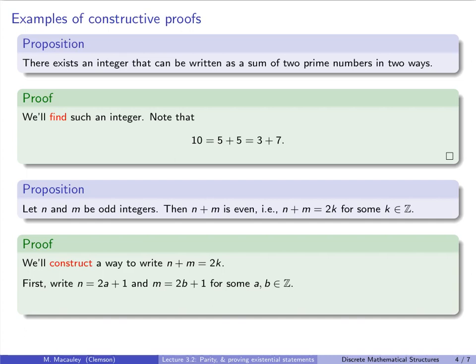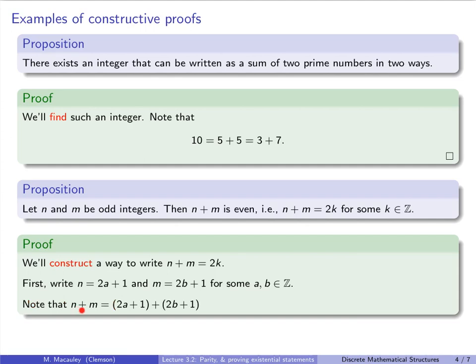So first I will start by writing n as 2a plus 1 and m as 2b plus 1 for integers a and b. And now think about what I'm going to do next. I'm going to add these together, and I want to show that that sum is twice some integer.